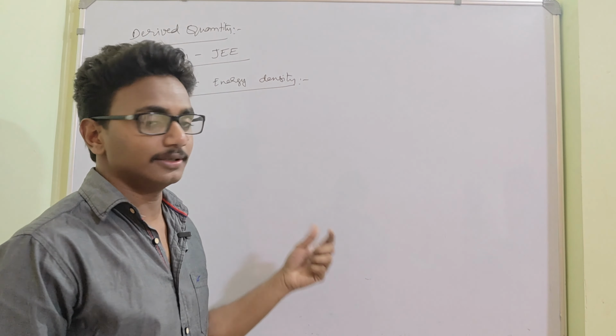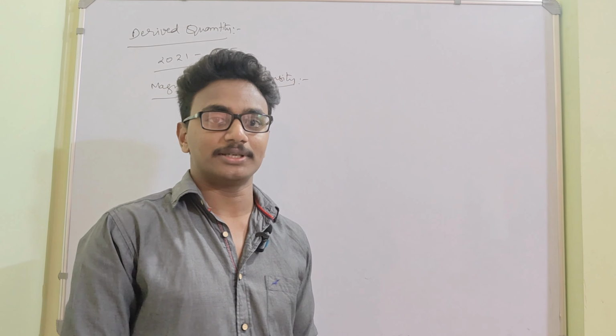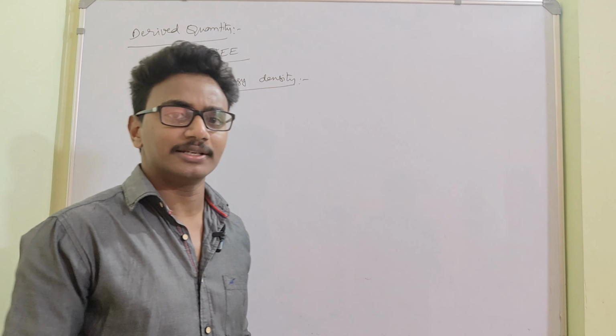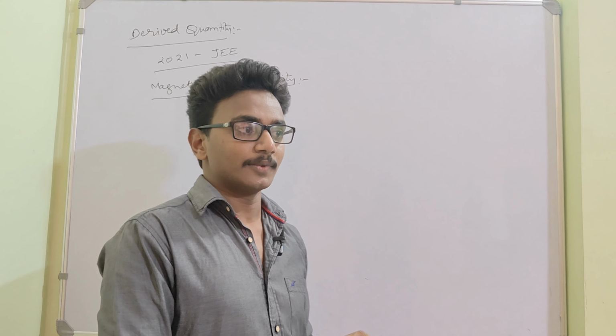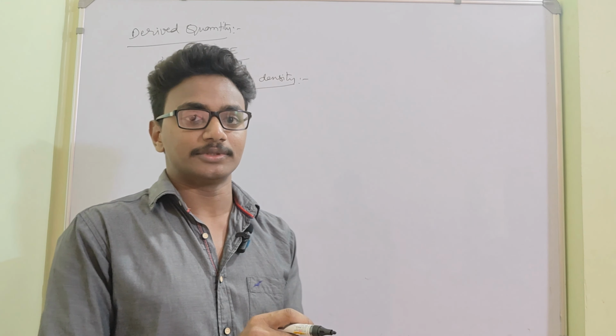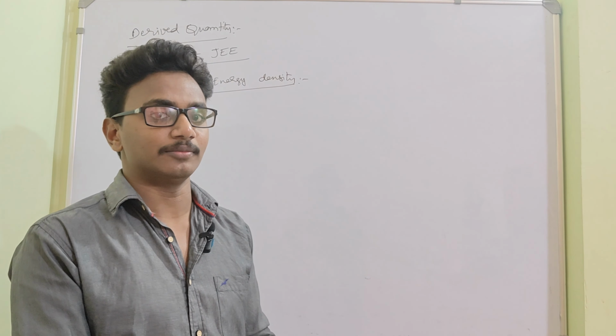What is this density? We have so many densities: energy density, mass density, population density, particle density. What does energy density mean? Energy density means energy contained in a particular volume. Mass density means amount of mass contained in a particular volume. Similarly, particle density means number of particles in a particular volume.